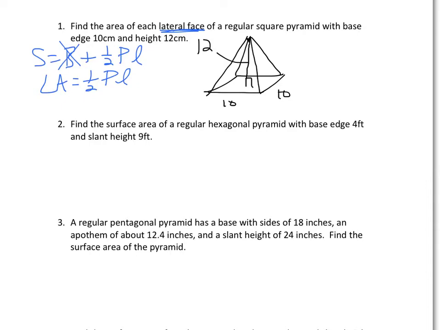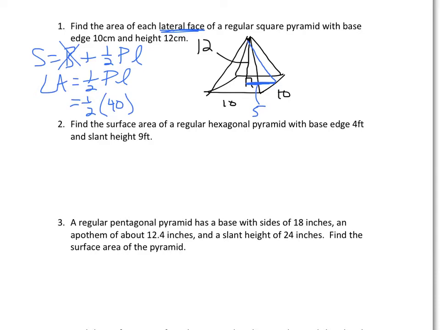The thing that I really need, I already know the perimeter is 10 times 4, which is 40. I need the slant height. So in order to get L, I'm going to draw that right triangle right there. If 12 is the height, this blue line at the bottom is going to be half the base edge, so 10 divided by 2.